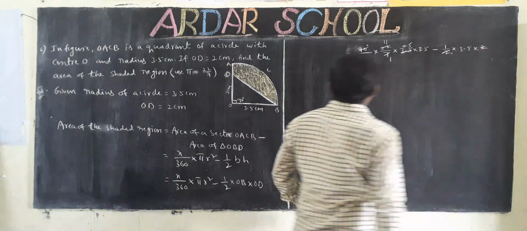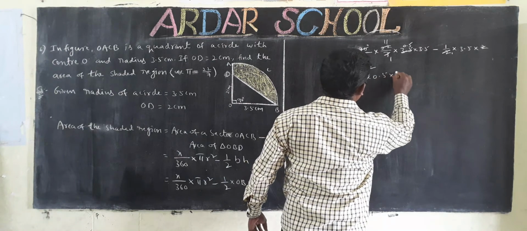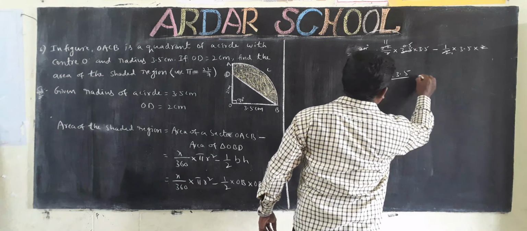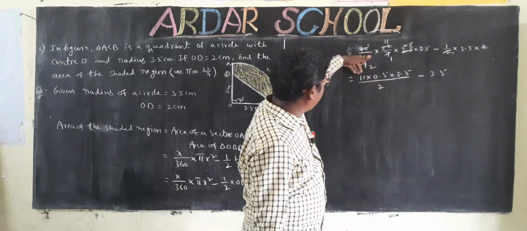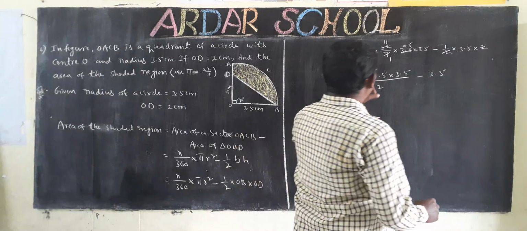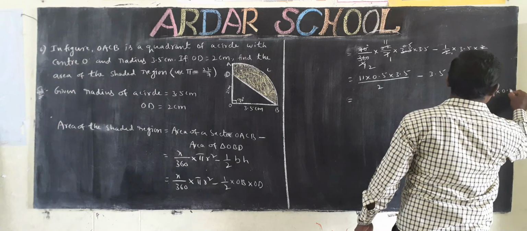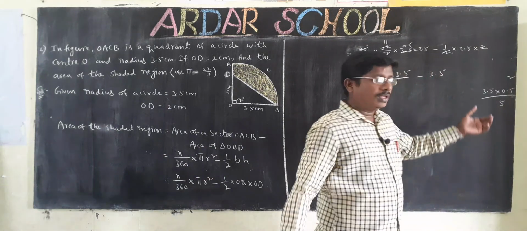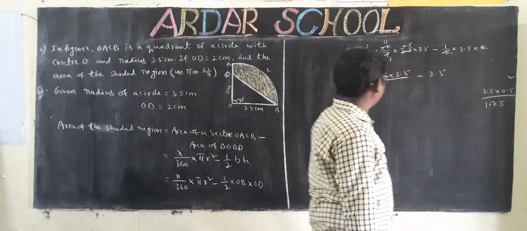So now we have to multiply 11 into 0.5 into 3.5 by 2, minus 3.5. Now we have to multiply these three, then divide by 2. First, 3.5 into 0.5. 5 fives are 25, 5 threes are 15 plus 2, 17, that is 1.75.